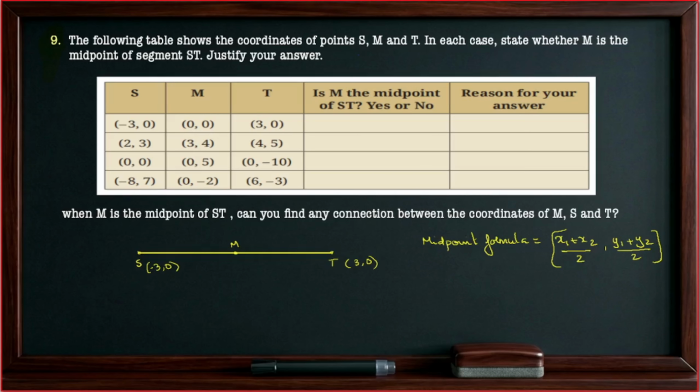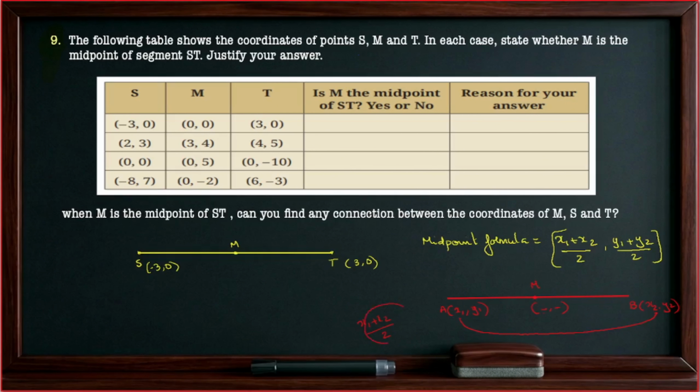Okay, if you're talking about this formula, I will give you an example. See, suppose this is a line segment and I'm going to name this as A and B, and here the midpoint is M. And let the coordinates of A be x1, comma y1, and the coordinates of B be x2, comma y2. Now, to find the midpoint using the midpoint formula, to get x, we have to take the x coordinate from A and the x coordinate from B. Here you can see this is x1 plus x2 then divided by 2.